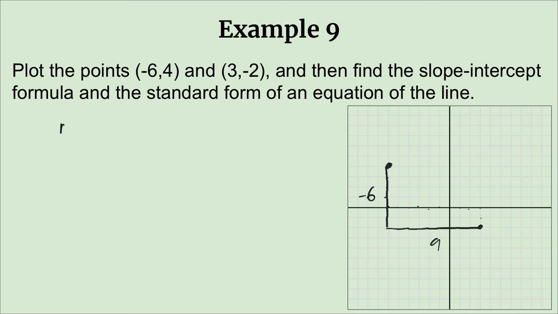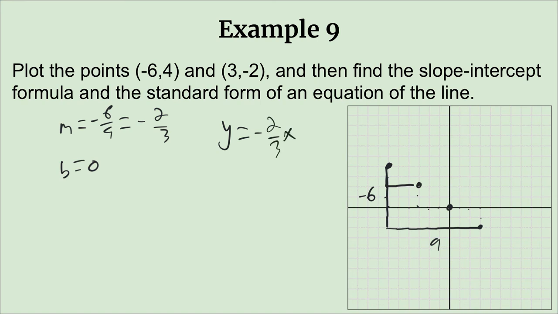So our slope is equal to -6/9, which is -2/3. So we go down 2 to the right 3. Our y-intercept is at 0. So our slope-intercept form is y equals -2/3 x, or -2/3 x plus 0, same thing.